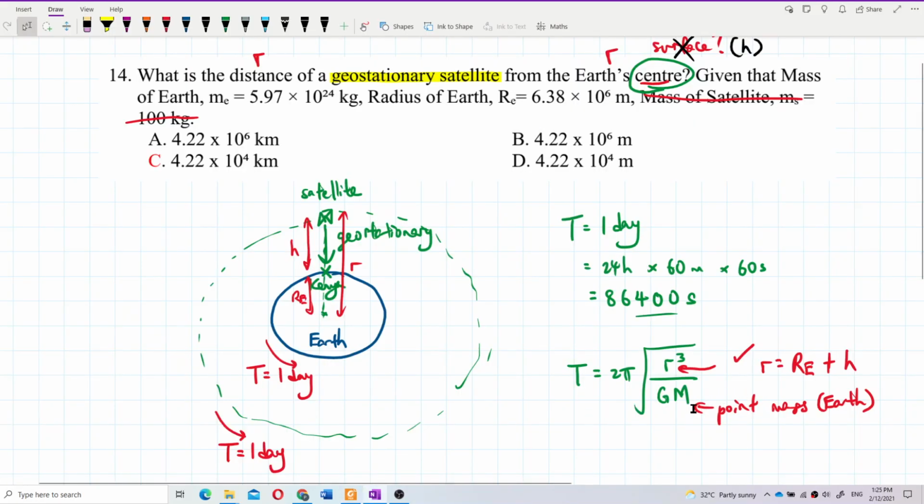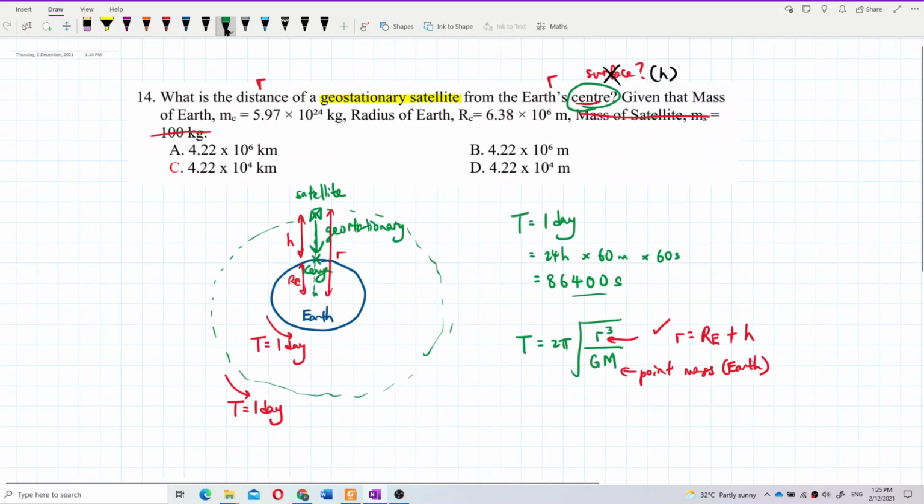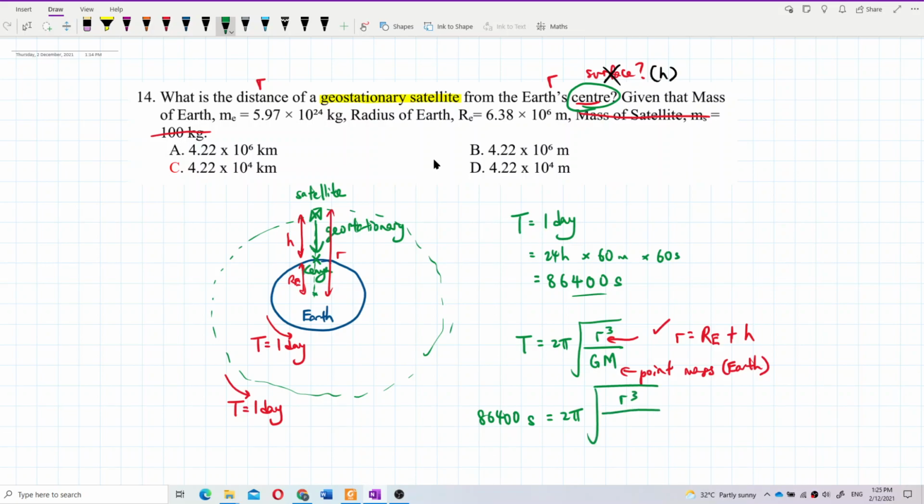Okay, continue to find your answer. So this is 86,400 seconds. So 2 pi, and then you got R cubed over G. What is the G value?